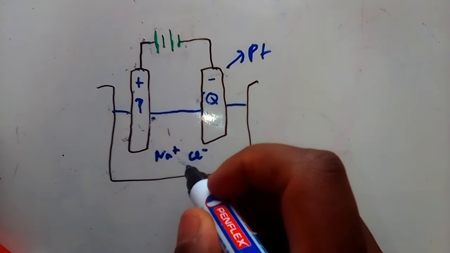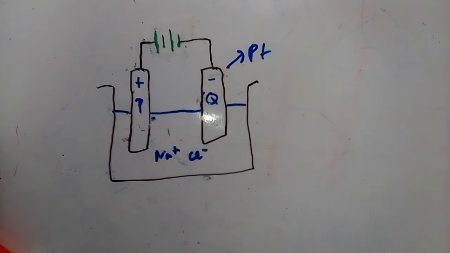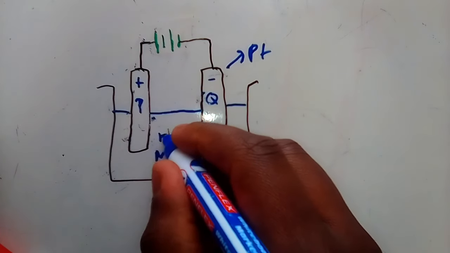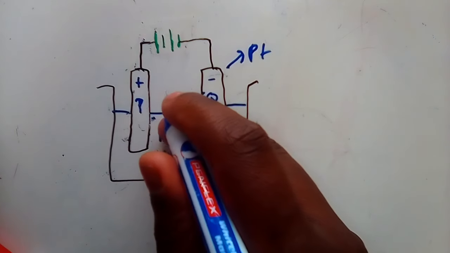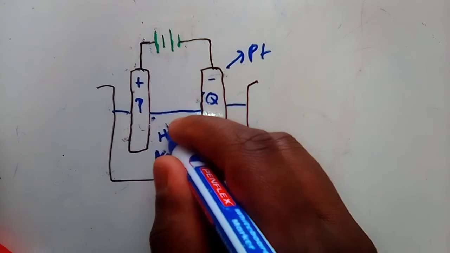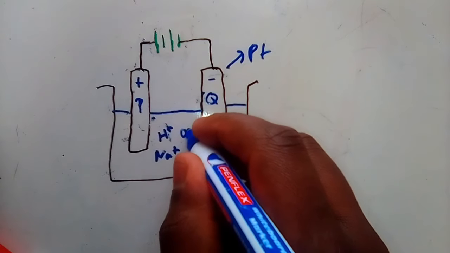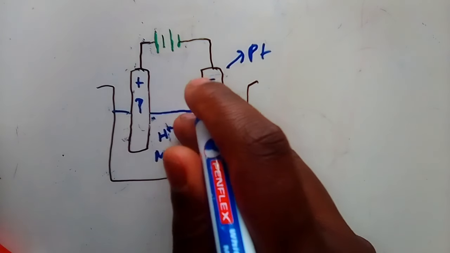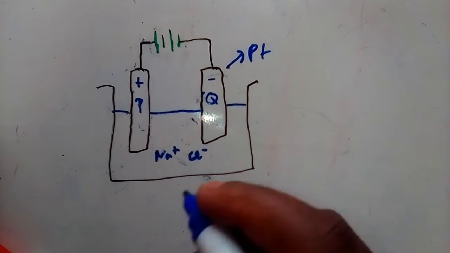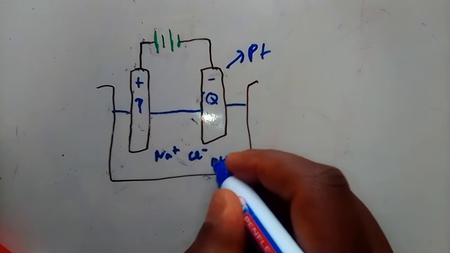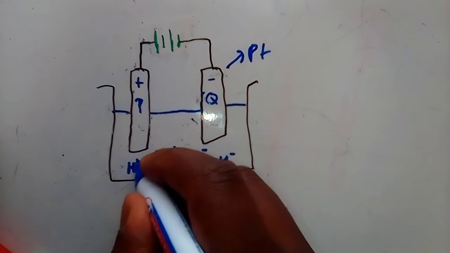Notice that this thing is dissolved in water, right? Water can also form ions. When water breaks apart, it's going to be H plus and OH minus. Let me write OH over here, and H plus over here.